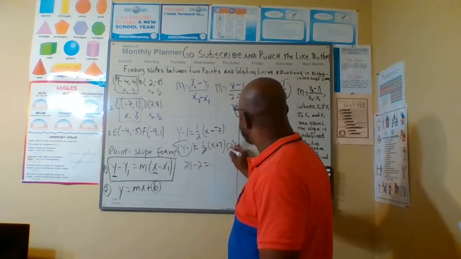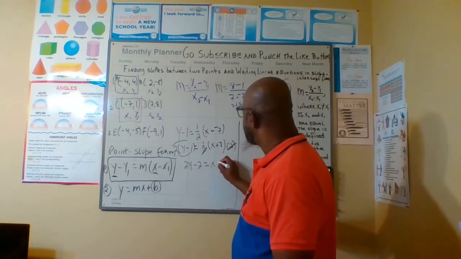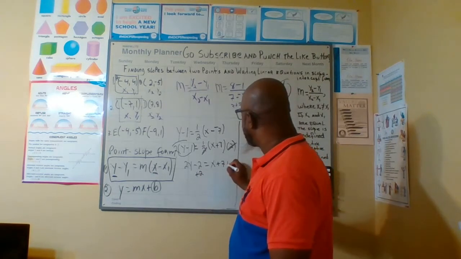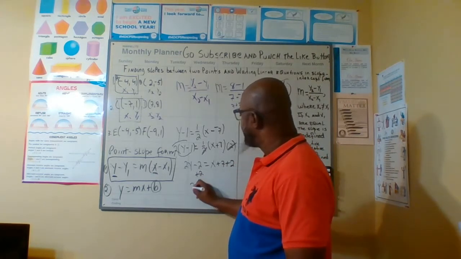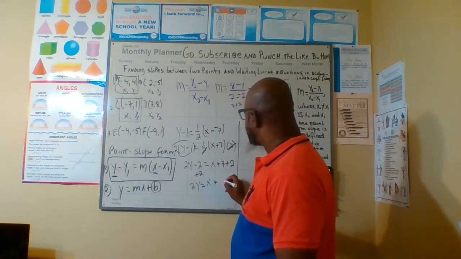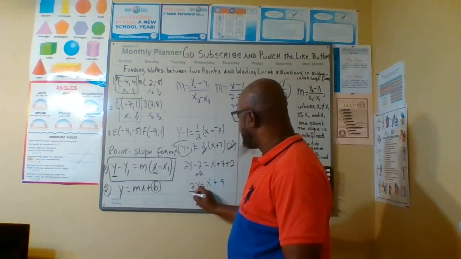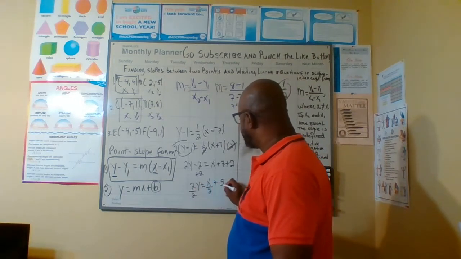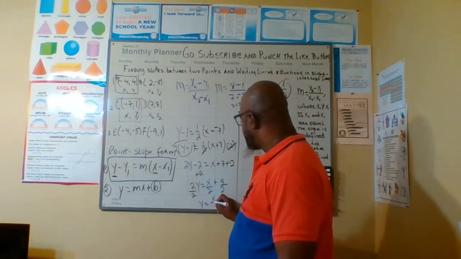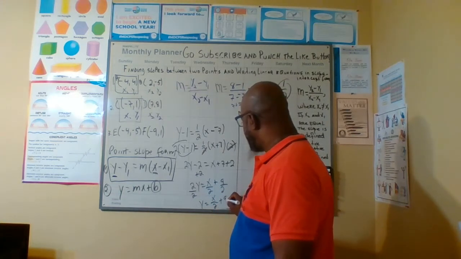These 2 cancel with that 2. So we'll have x plus 7. Now you add 2 on each side. You will have 2y equals x plus 9. Here you divide by 2. You divide by 2. So you will have y equals x over 2 plus 9 over 2.